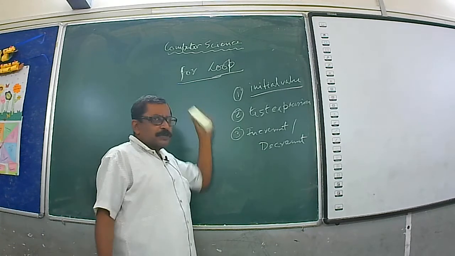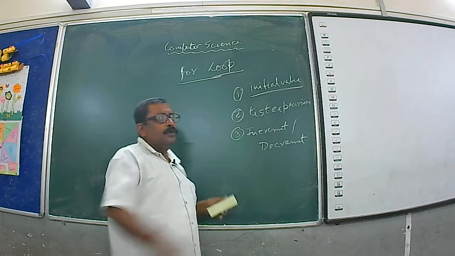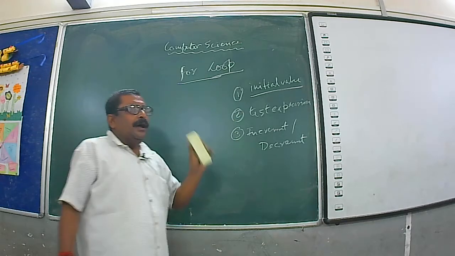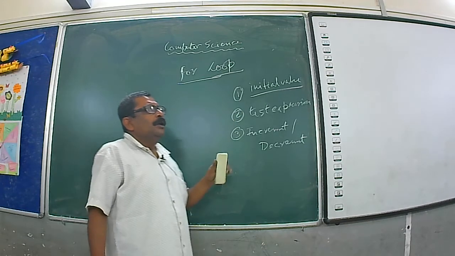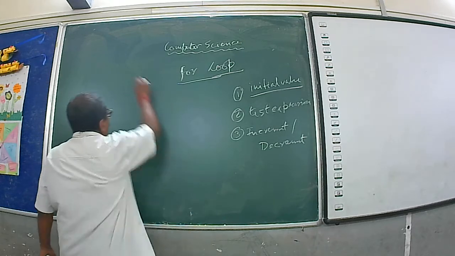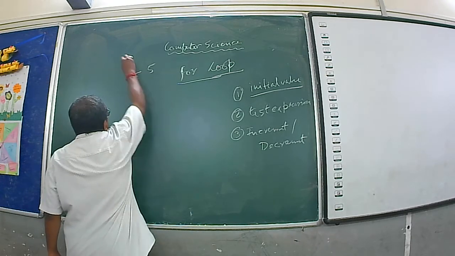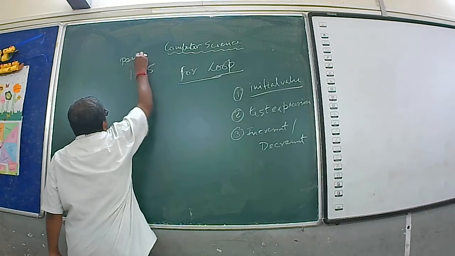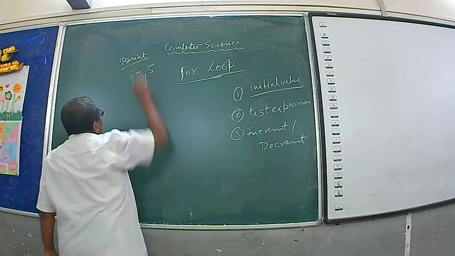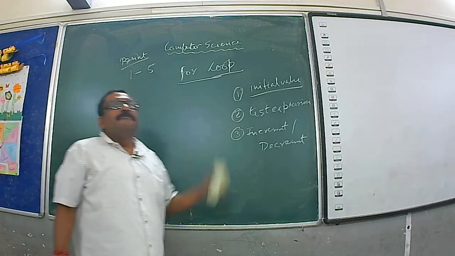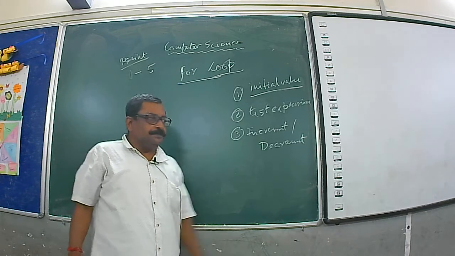Now first write down a small program, then we can discuss about all the three. Program is print 1 to 5. Print 1 to 5, that means first 5 natural numbers.